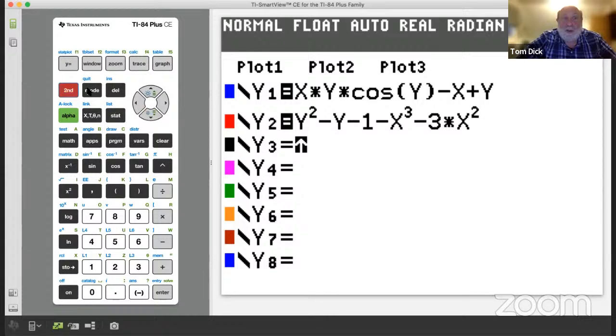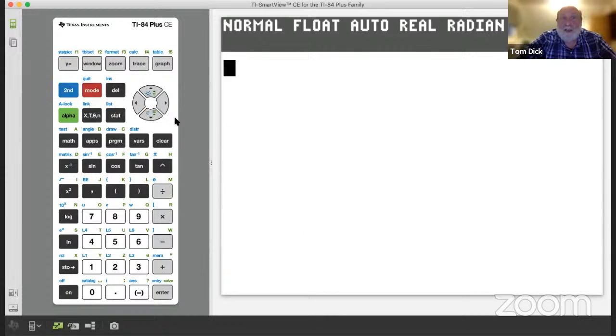So I'm going to quit out of that into my calculator. And I'm going to show you an expression that will evaluate to the implicit derivative, provided you have Y1 written the way I've just described, where you pulled everything over to one side and you're considering that as your expression. Let's take a look at what this will look like.